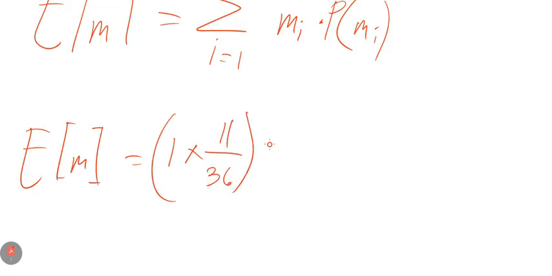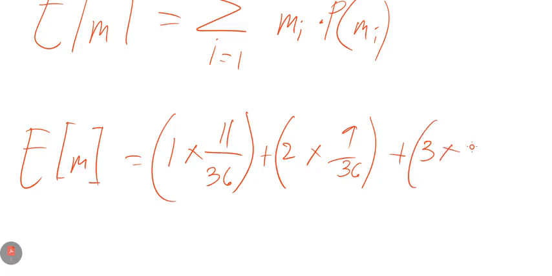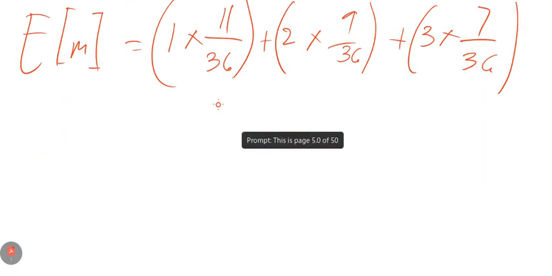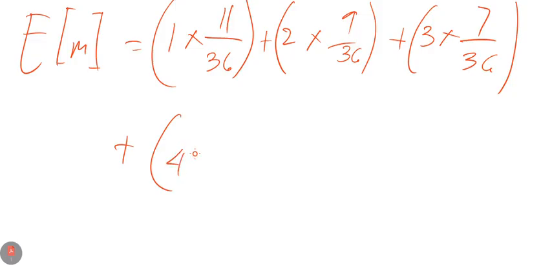Okay, that's the first one. Now plus 2 times 9 out of 36. Now next then we have plus 3 times 7 out of 36. Okay, now moving on, we have plus 4 times 5 out of 36 then.